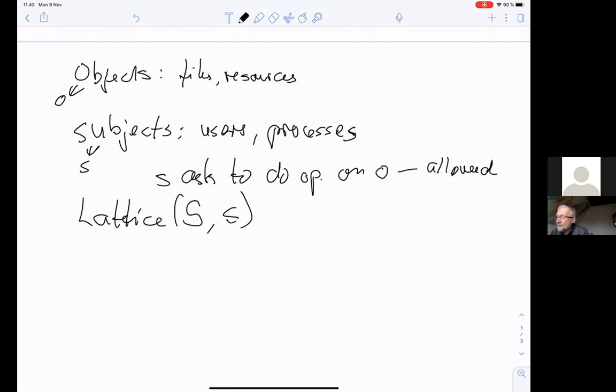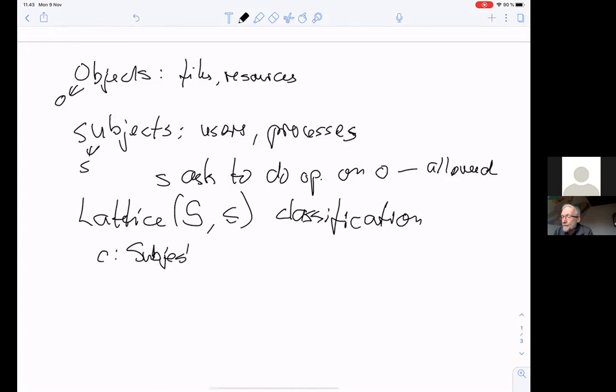And then we need a classification. So a classification is basically a function C, and it goes from the set of all subjects into my lattice S, and it also defines a function from the objects into my lattice here.